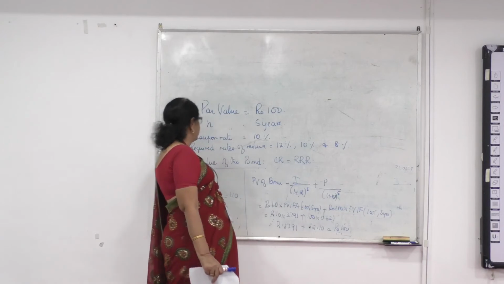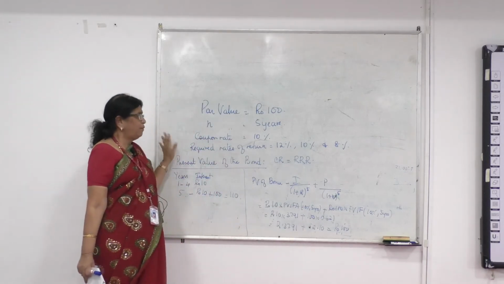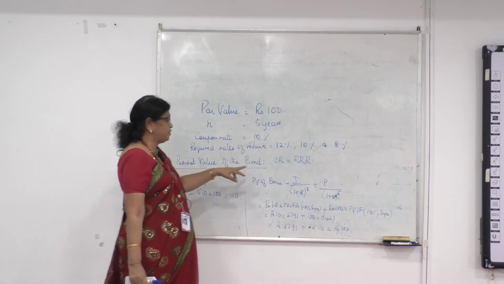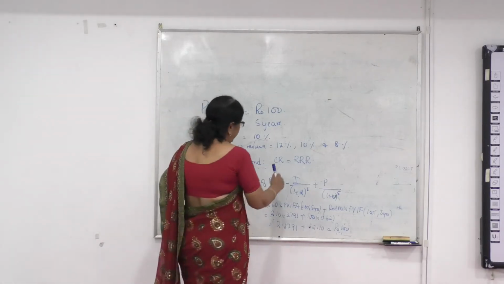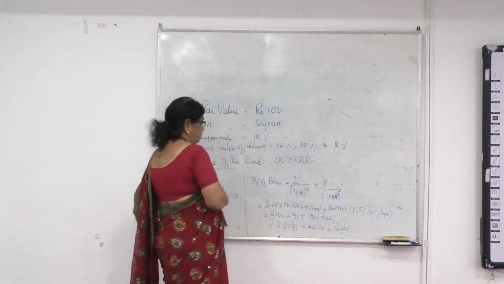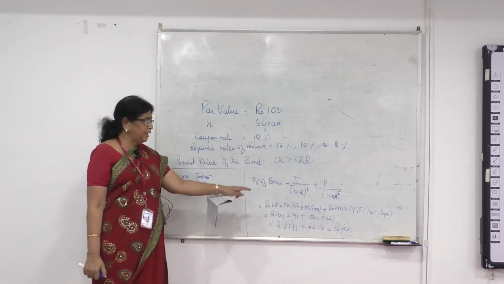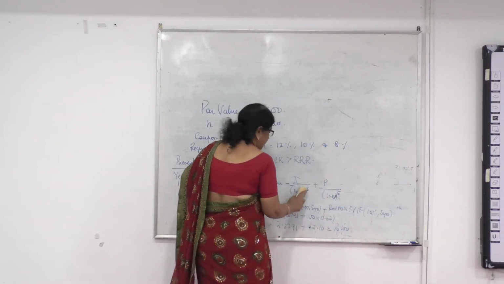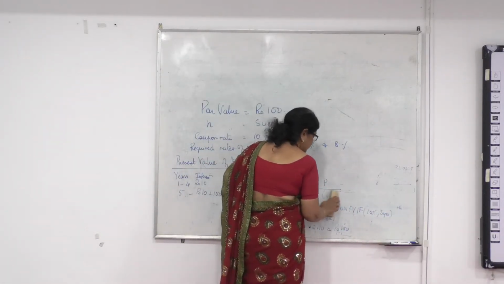Now that takes us to the last bond valuation theorem that we have to see, where I have to show you what will happen to the present value when the coupon rate is more than the required rate of return. Come on, let us replace this R. What will be this R now?